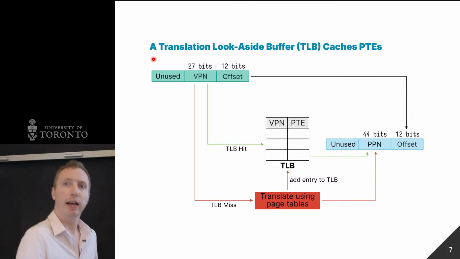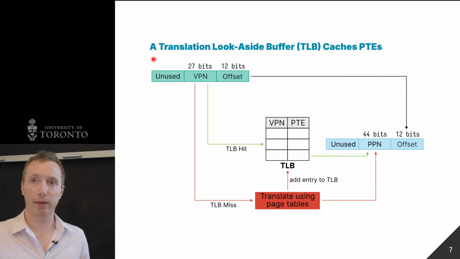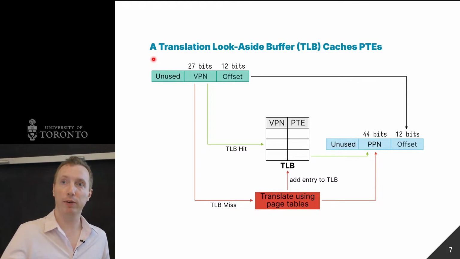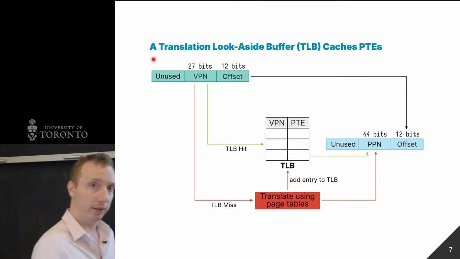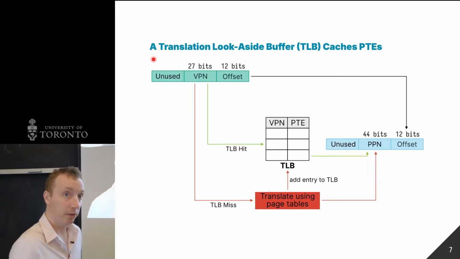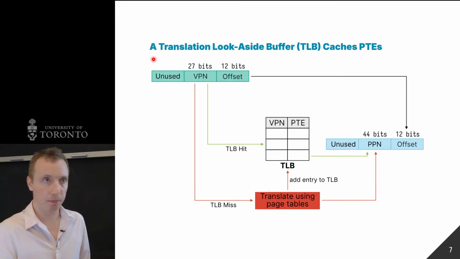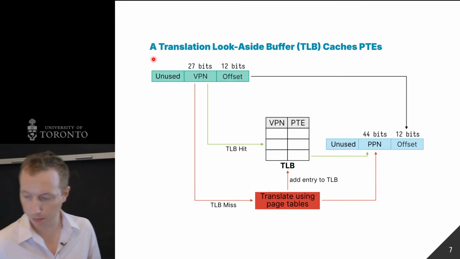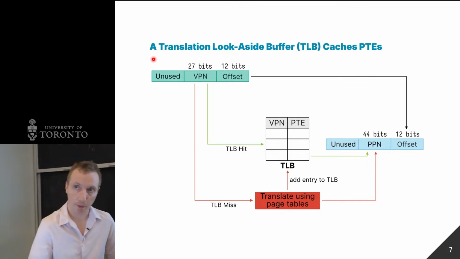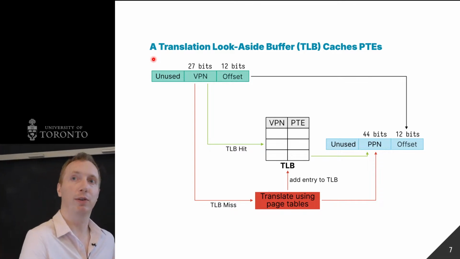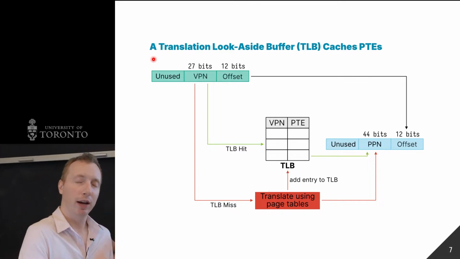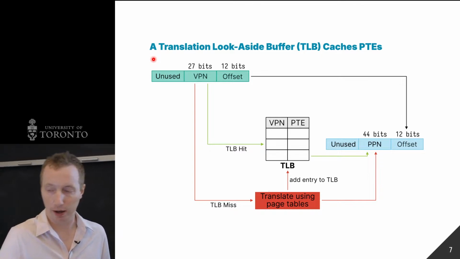And that caches PTEs at the lowest level, L0. So for the VPN, it actually saves the page table entry for this VPN. So it would match the entry in the L0 page table.